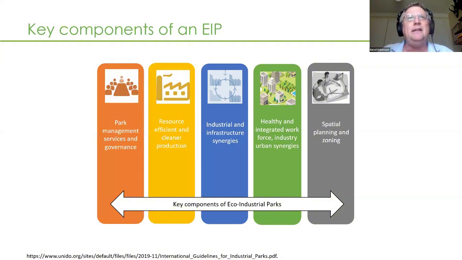So what you want to do is you want to create as many synergies as possible between the companies in an industrial space. This takes effort. This is not a simple process. It is not easy, okay? But it is extremely rewarding when you can get it right. Okay, one of the examples later on I'll talk about, and I'm sure you've come across this, is Kalundborg in Sweden, which was actually, Denmark, which was actually designed from the word go around the synergies.